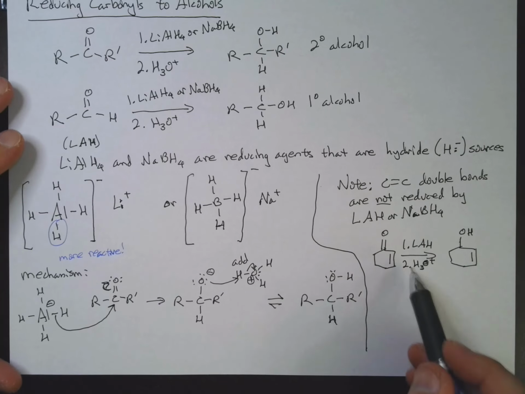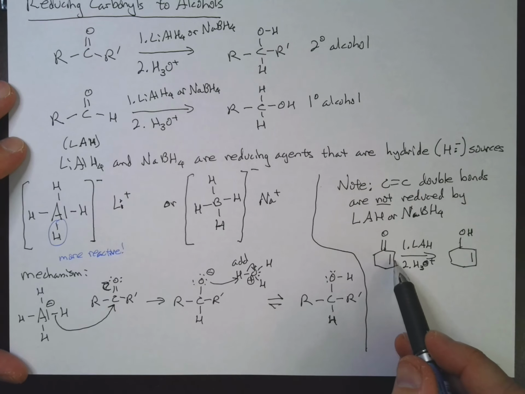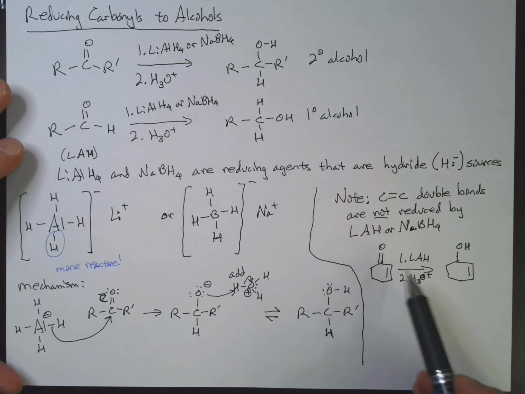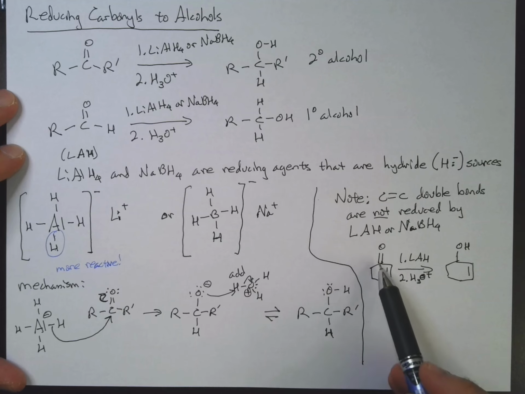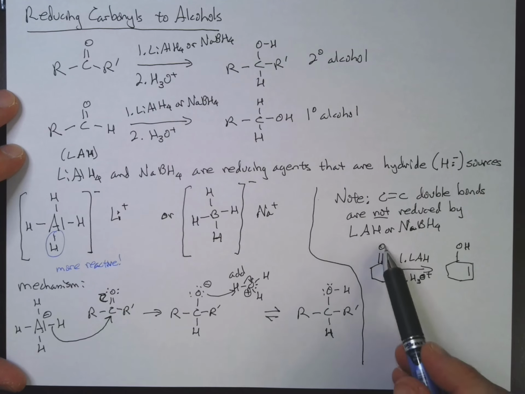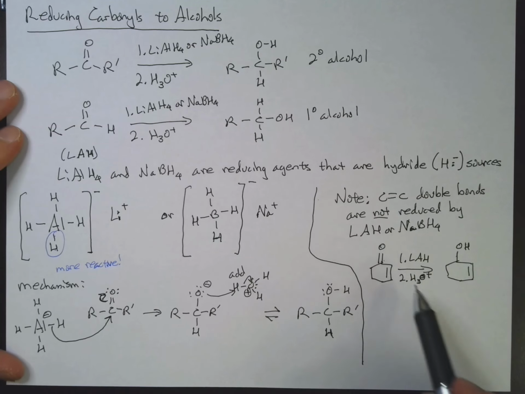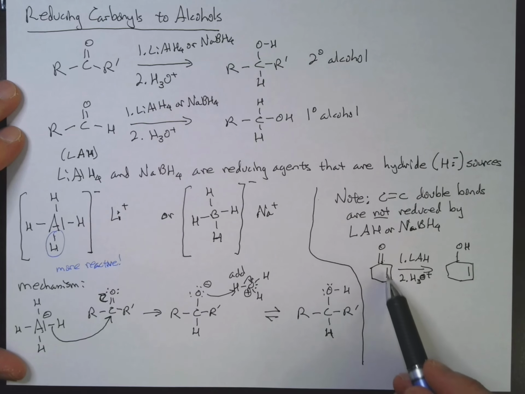Now, if we wanted to reduce this, we could use H2 and palladium. The only thing we have to worry about is that if you have a real excess, you'll end up reducing the CO double bond as well. Some texts say that happens readily, some say not as readily, so it's best to avoid it.